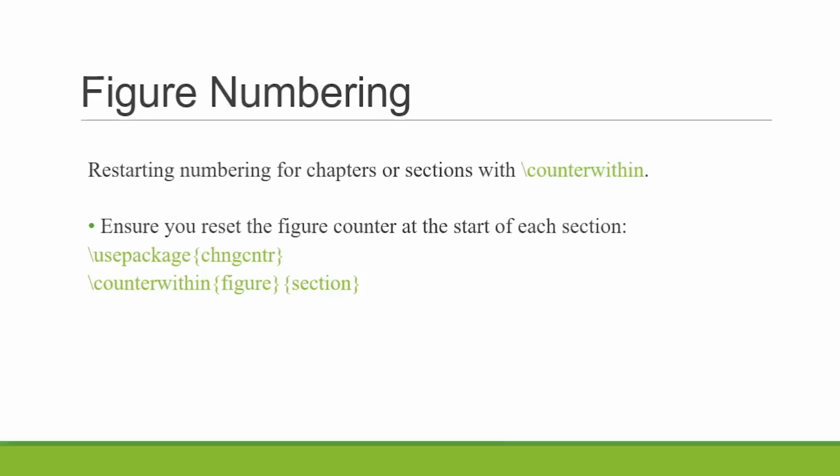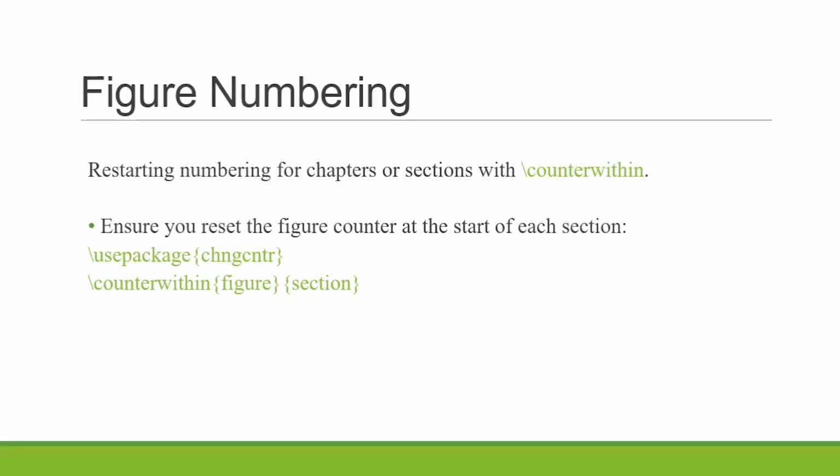Restarting the figure numbering for chapters or sections, you can include the \counterwithin command. Let's see an example to see how to reset the figure counter at the start of each section.